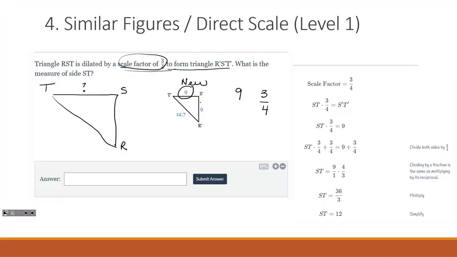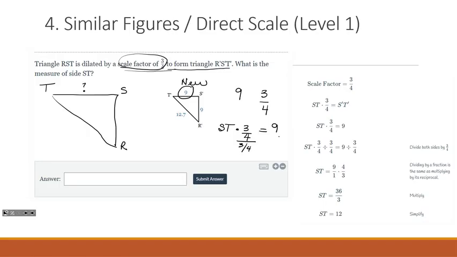I'm going from a smaller one to a bigger one. So think about this. We've got to take our 3/4. So we can write it as ST times 3/4 gives us 9. What's the inverse of multiplication?